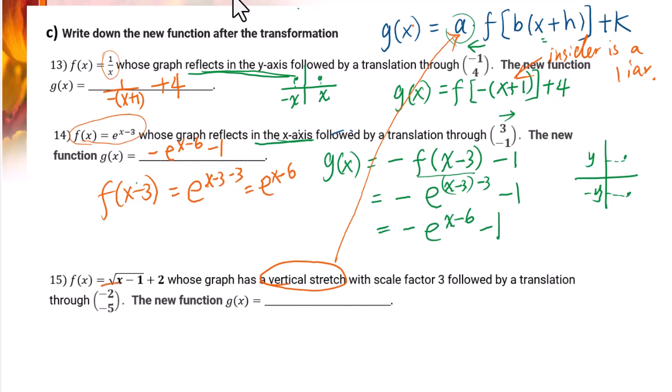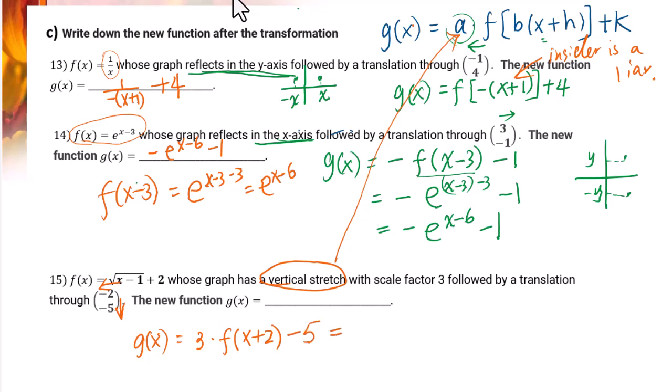Negative 2 translate to the left. Negative 5 translate down. We will write down general form first. G of x equals 3 times f of x plus 2. Inside is a liar, then minus 5.